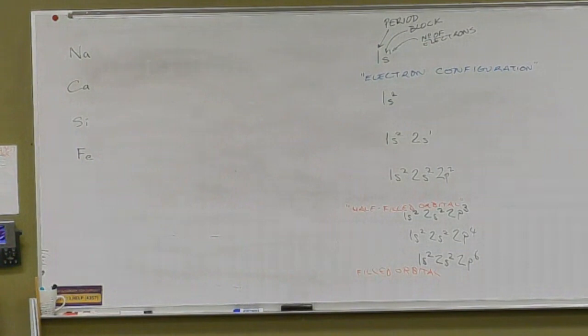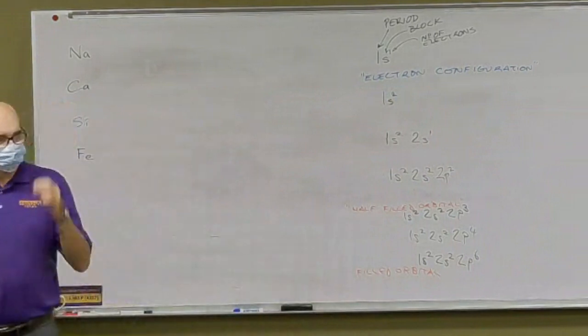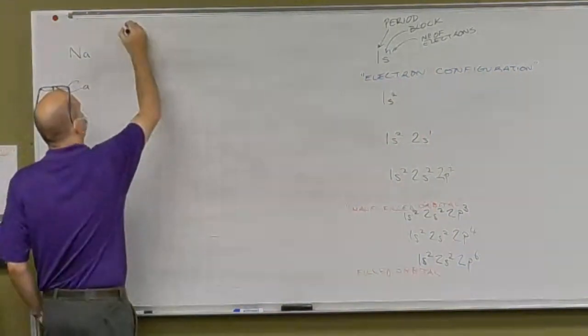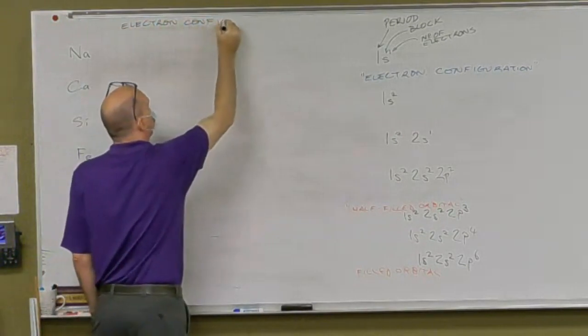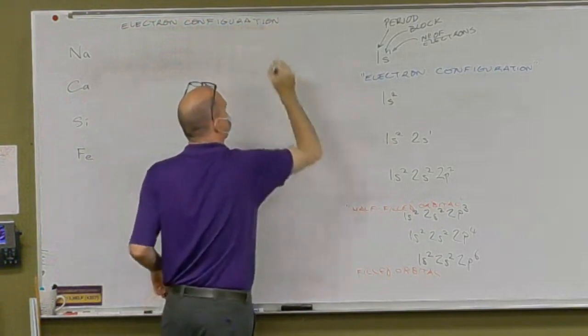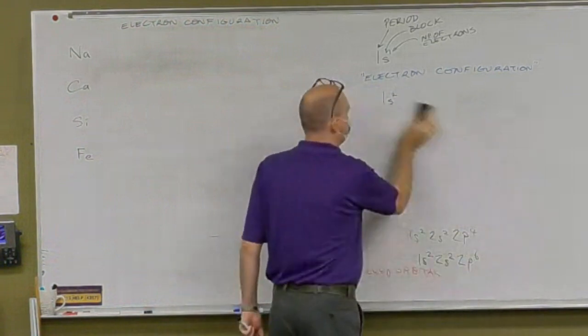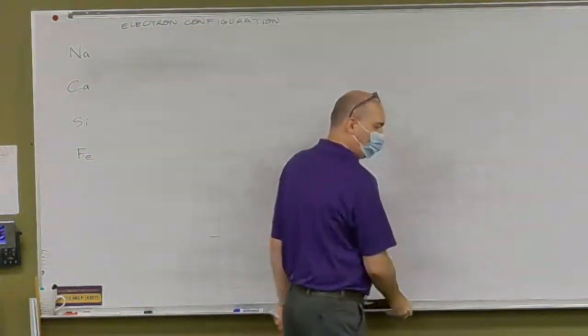We have a few minutes. Let's look at the periodic table, put it out a bit, and see what we can figure out. What's the electron configuration for sodium?